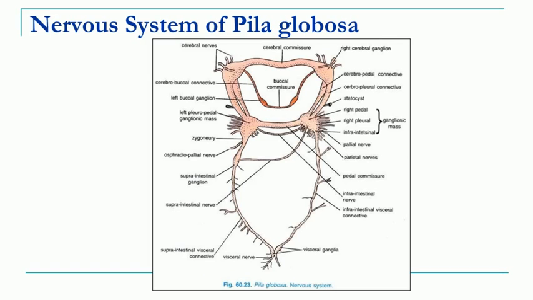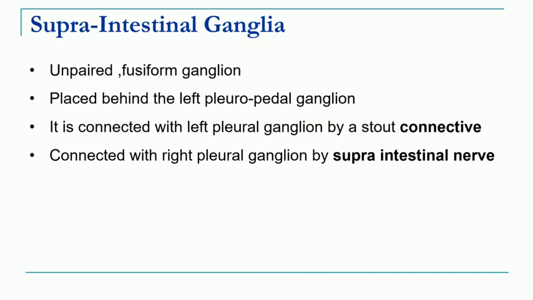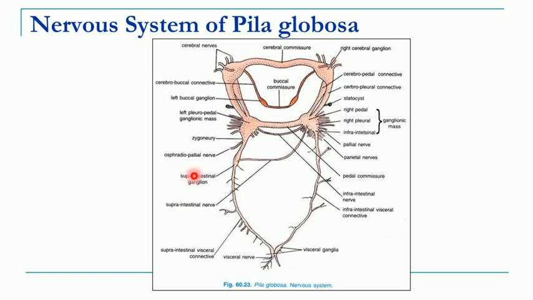Now we see the next type, the supraintestinal ganglion. As I told you, the supraintestinal ganglion is one in number, so it is unpaired. It is placed behind the left pleuropedal ganglion. So in this diagram, you can see the supraintestinal ganglion, which is present below your pleuropedal ganglion.